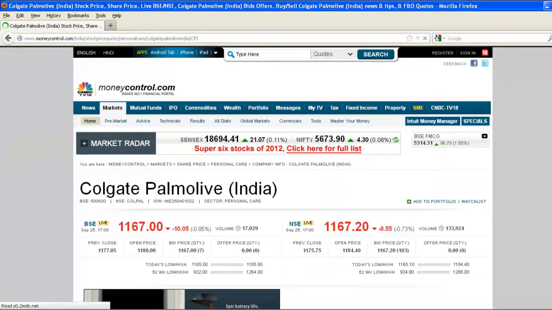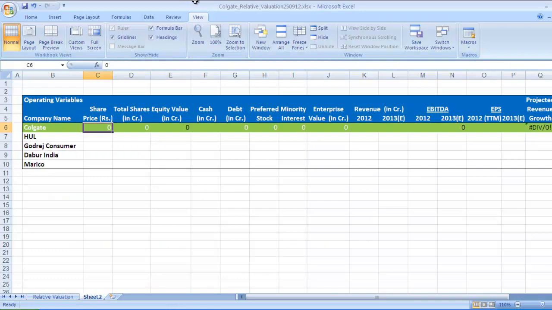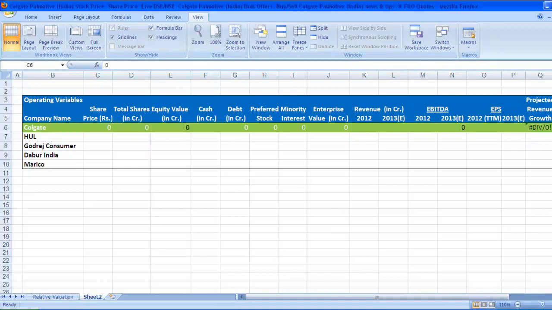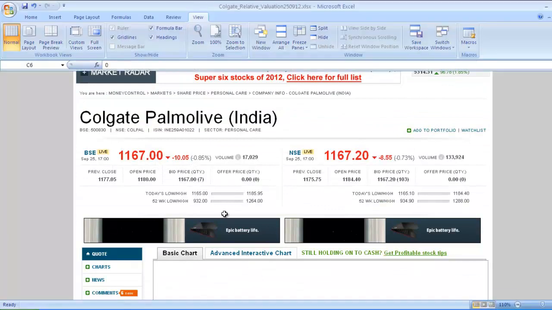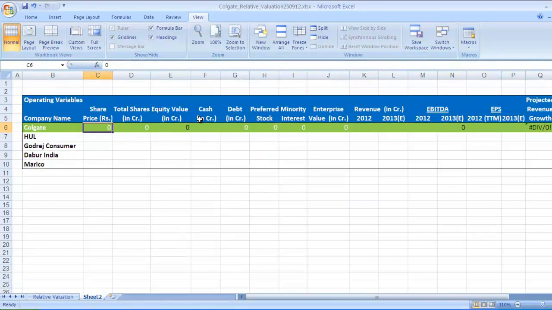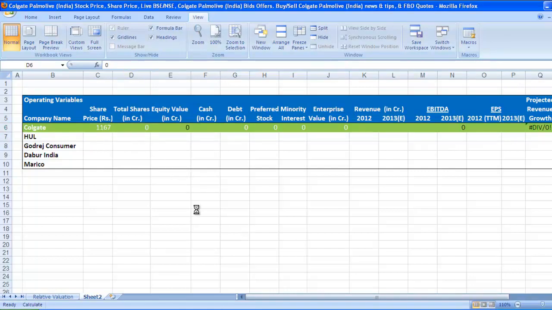So the first value we need, the share price, is available here. That is 1167. It's in rupees. You need total shares in crores.